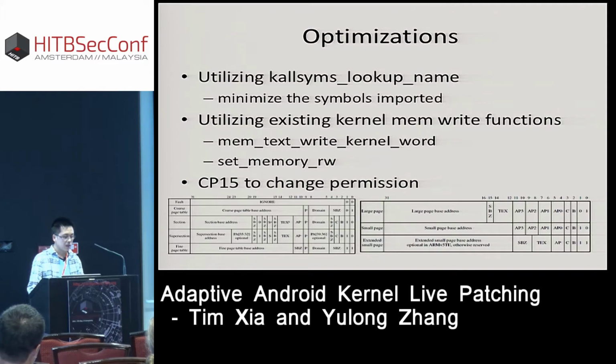So on some devices you have to change the page table yourself with the coprocessor. You change the permission to the right permission, then make the necessary change, then roll back all the changes.